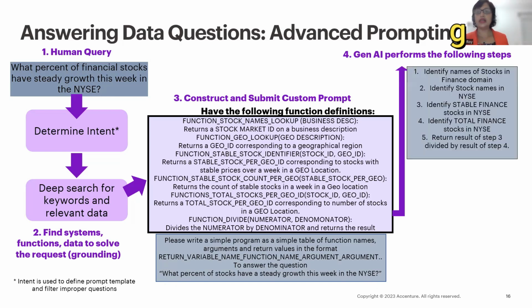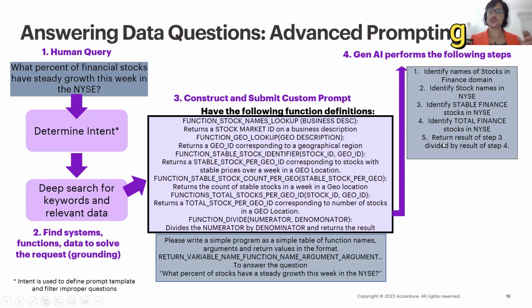Now let's see what the large language model will now do. First of all, it will start identifying the stocks in the finance domain. Next, it is going to find out the stocks that are there in New York Stock Exchange. And then, like I mentioned, it's going to run that function which will identify the stable financial stocks. And then another function that identifies all of the financial stocks in New York Stock Exchange.